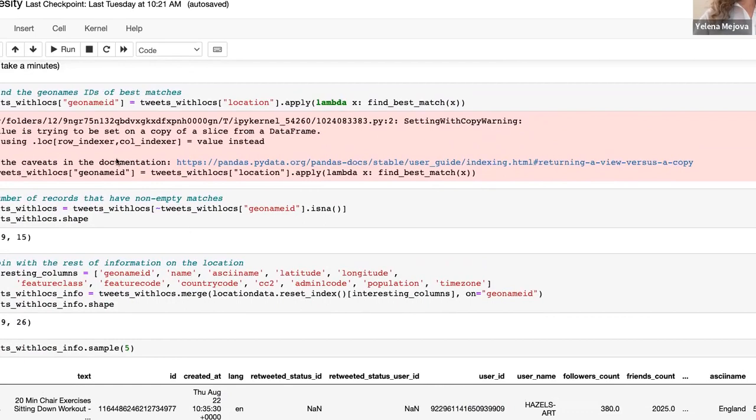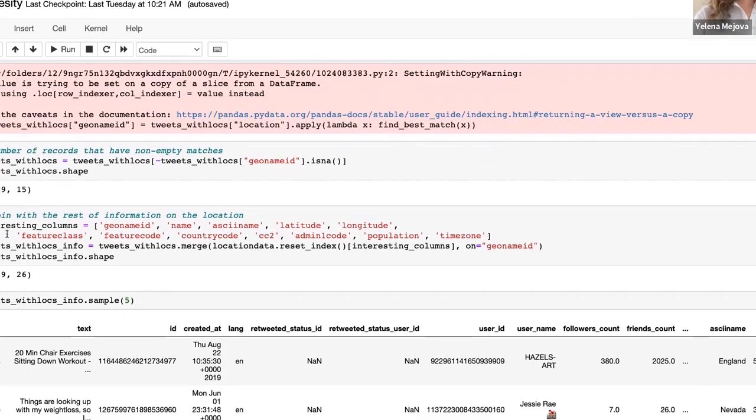But long story short, we can get the tweets that have some kind of location and find the best match for geolocation for them. We can see that out of 10,000, we find 6,000. So a lot of them, unfortunately, we cannot geolocate.